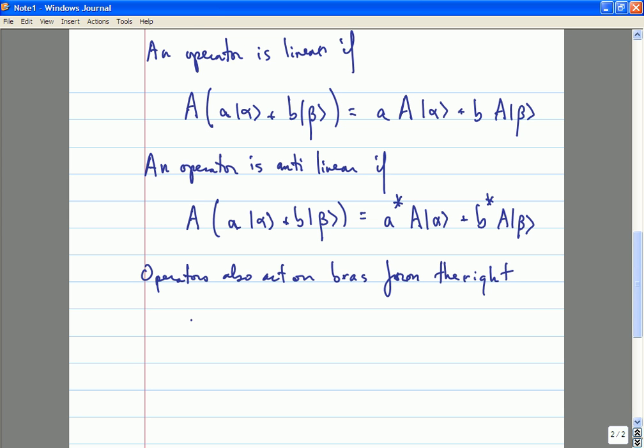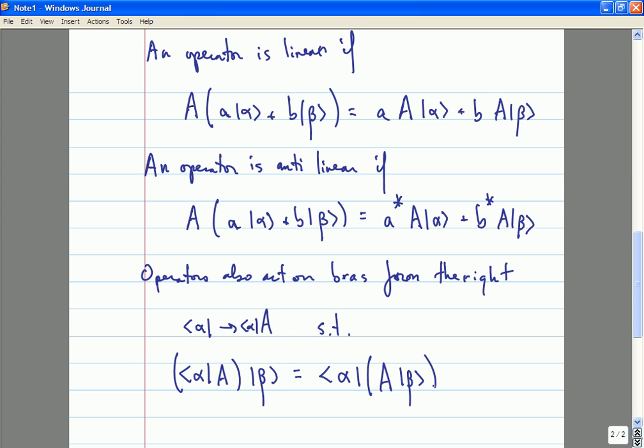So it takes a bra alpha into the bra alpha times A. And it has the property, of course, that if you took the inner product between the bra alpha times A with some ket beta, then that would be equal to the inner product between the bra alpha with the operator A acting on the ket beta.